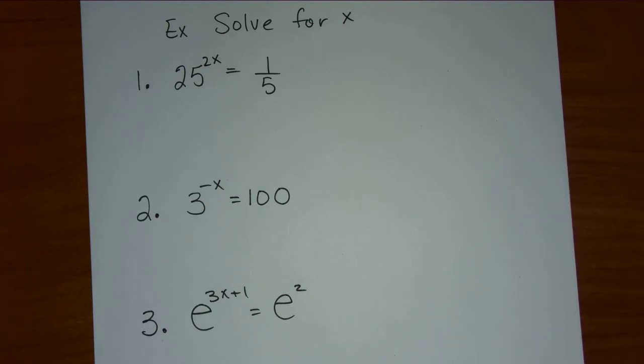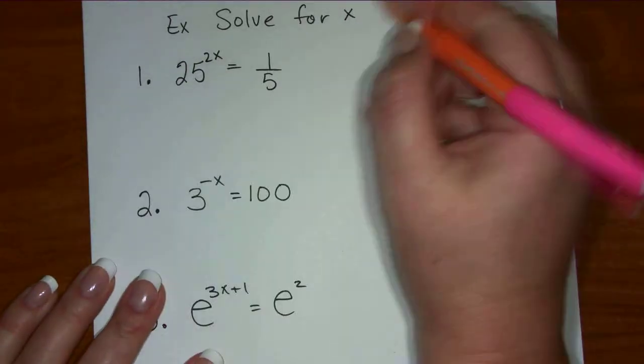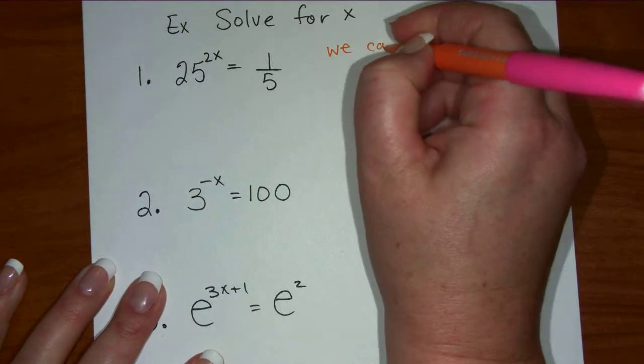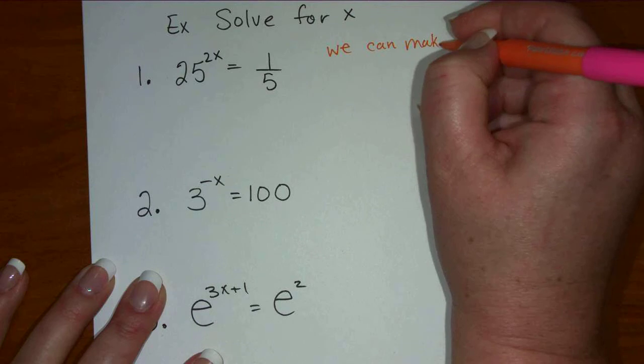Can you make the base the same for the number 1? What's your guess, even if you don't know how to do it? Yes or no? Yes. Because, why? We've got a 5, and 25 is 5 squared, right? So we can make both sides 5 to some power.